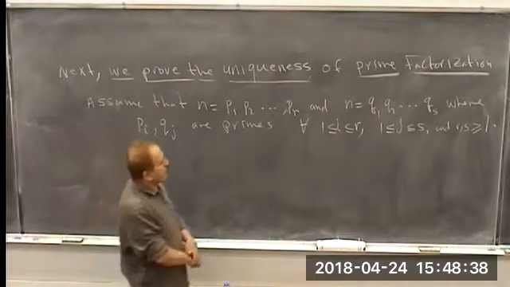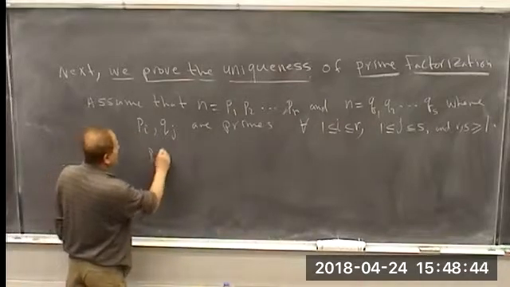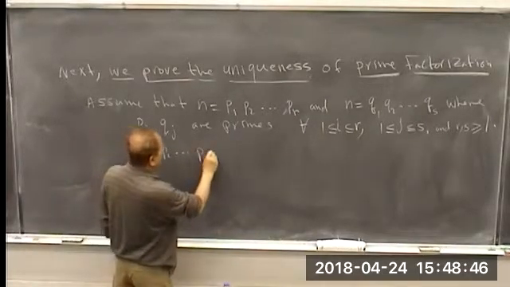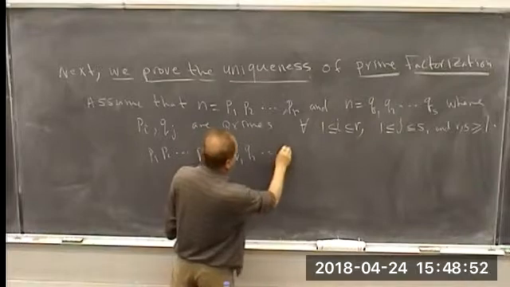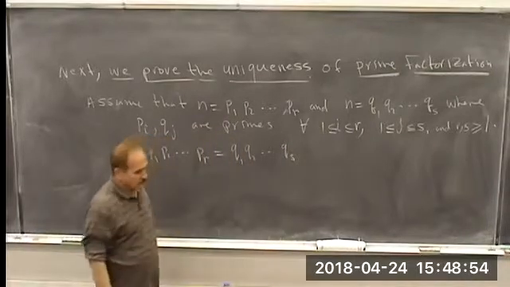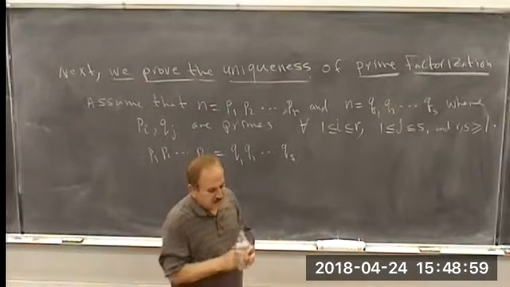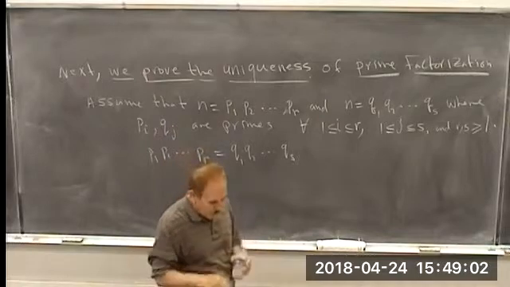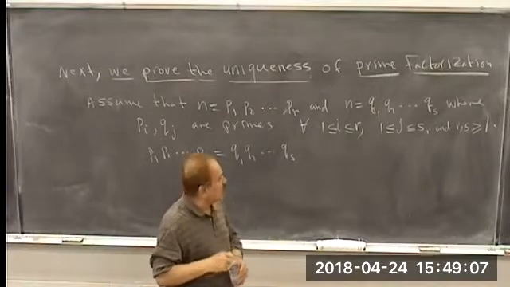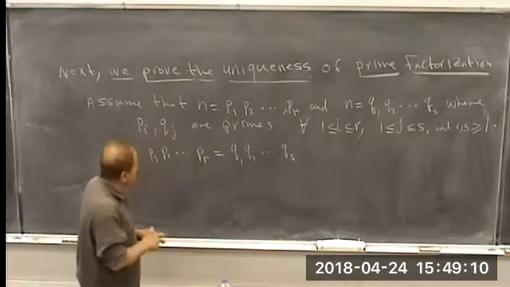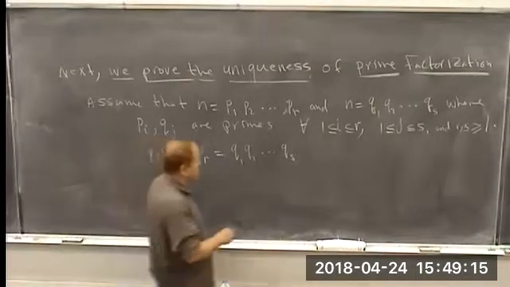All right, now since both of these expressions are equal to n, we have P1, P2 up to Pr is equal to Q1, Q2 up to Qs, and both of these are equal to n. Now, I want to also have these ordered, without loss of generality.